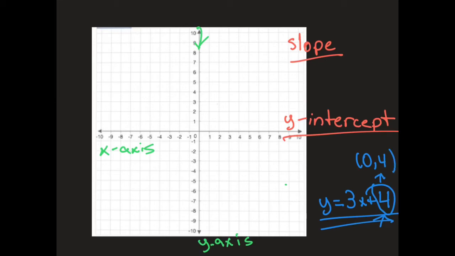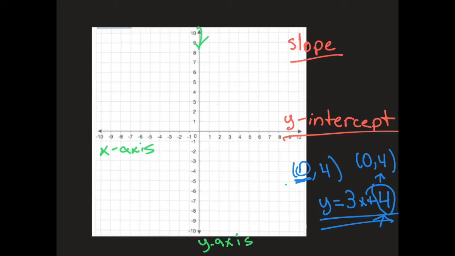Since the y-intercept is always going to be on the y-axis, it's always going to have 0 as the first number of the point, and it's going to have the b variable as the second number.